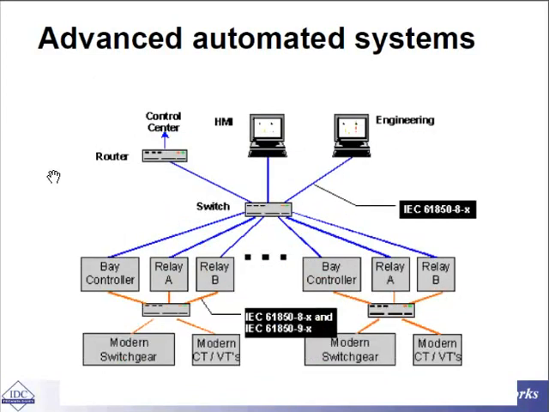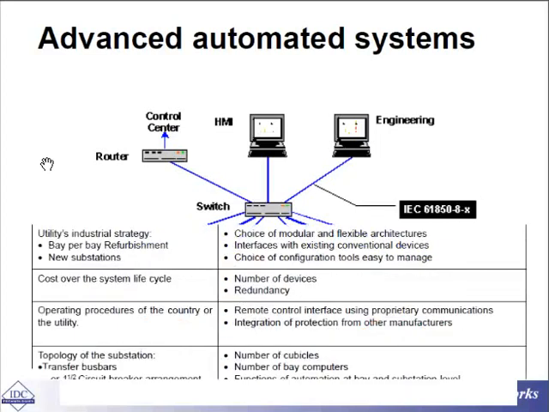So an example of that advanced automated system could be a combination of the relays and bay controllers and CTs and VTs, of course modern ones like the fiber optic, the optical ones, for example, and modern switchgear, again, not very old switchgear, so they can match themselves to this requirement.